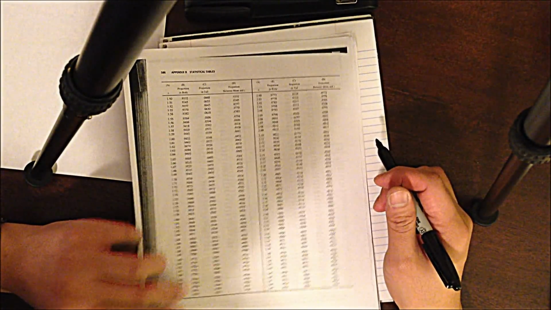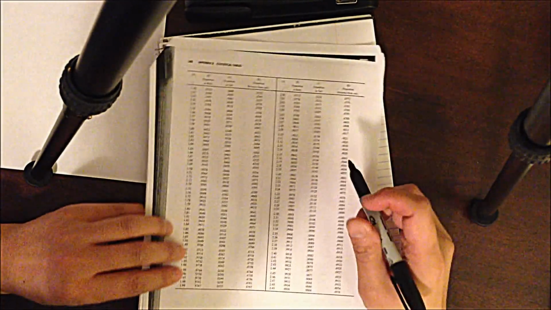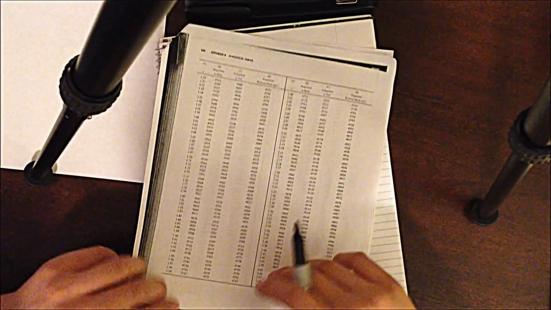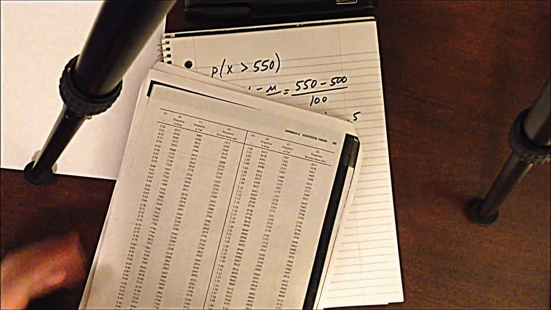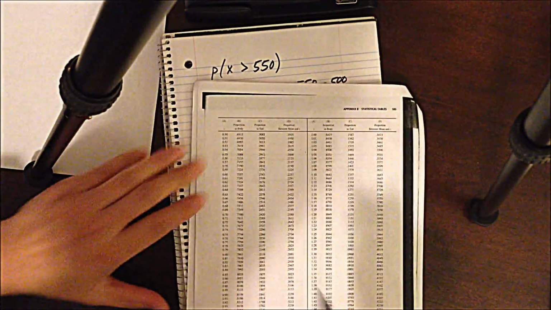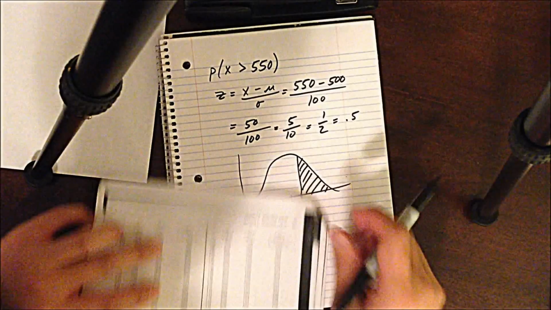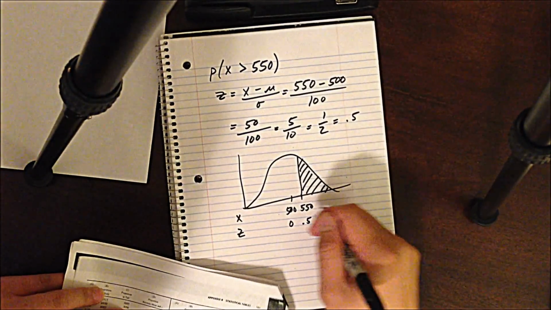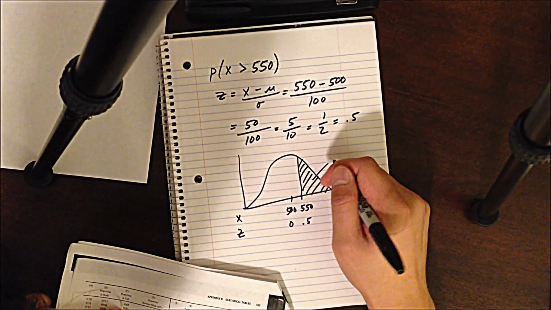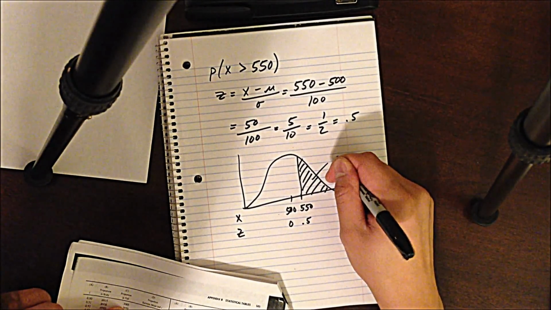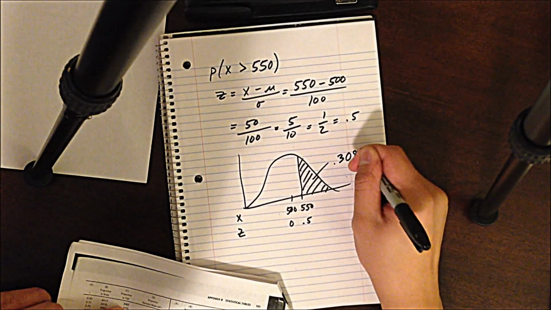Let's go to our table. We're going to go to Z equal, in column A, Z 0.5. Here it is. So Z is 0.5 here. The proportion in the tail equals, so this portion equals, if you look in column C, 0.3085.